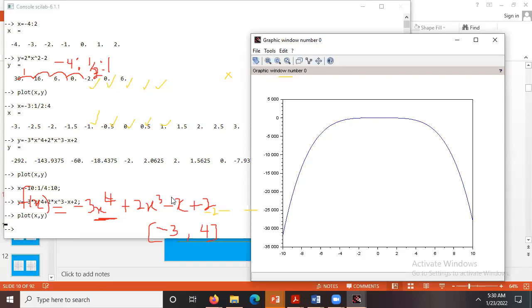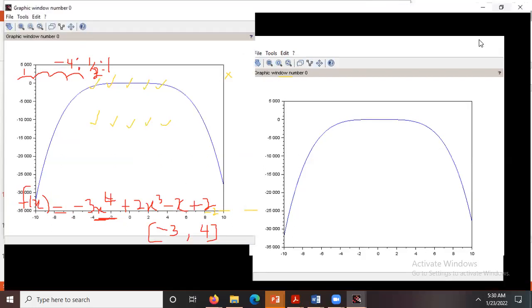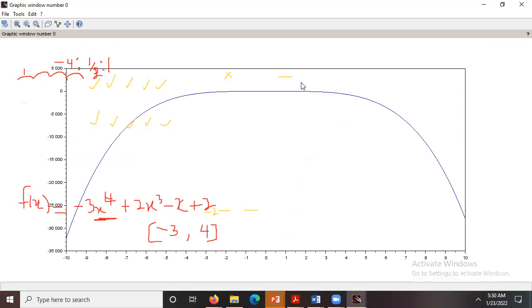That is the kind of function we are having. It's still not very clear. We are supposed to have 3 turning points, but the graph is not really displaying it as we expect to see. If we extend the interval, we want to see it clearly.